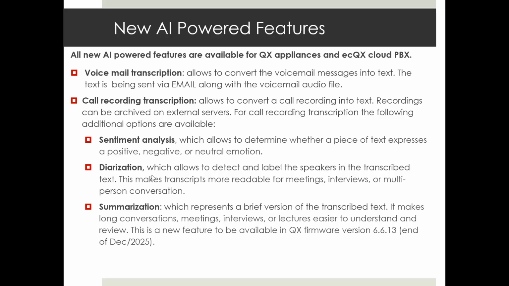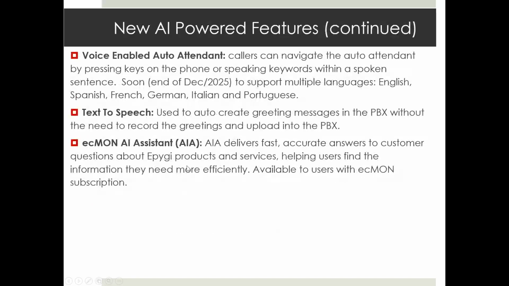And then at the end, it can have a summarization, which presents a brief version of the transcribed text and makes long conversations, meetings and interviews a little bit easier to understand and review. That feature is available towards the end of the month in version 6, currently 6.6.13. So we're excited about that release.